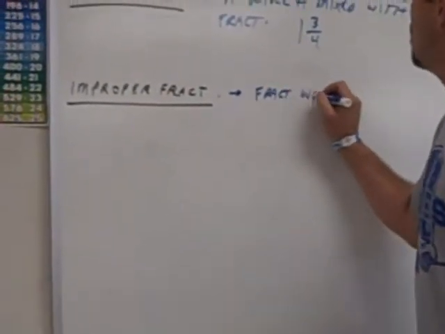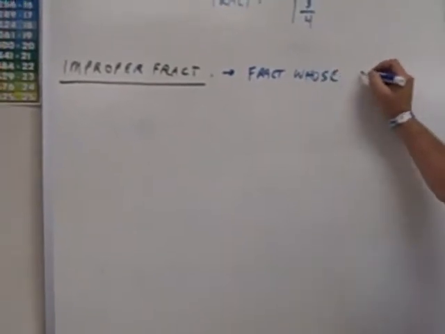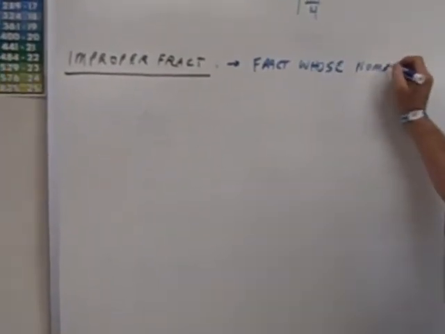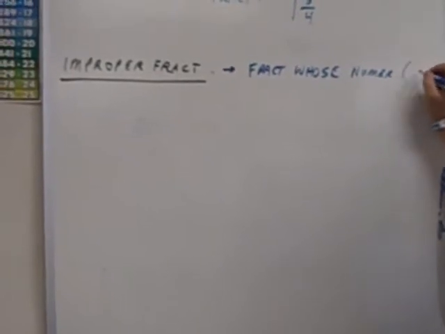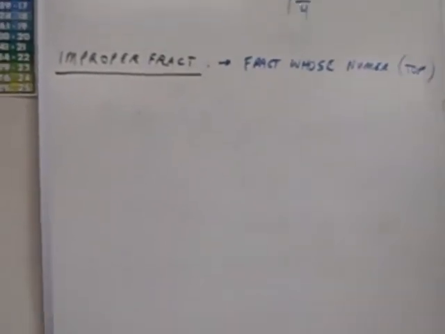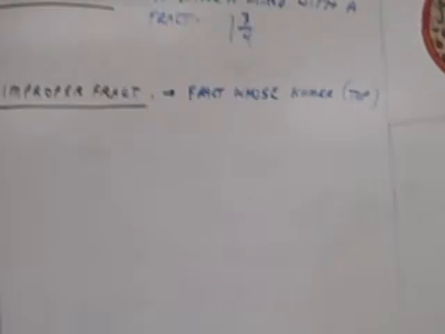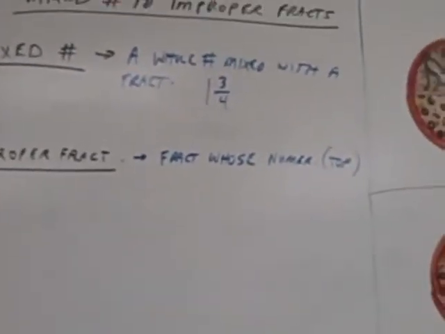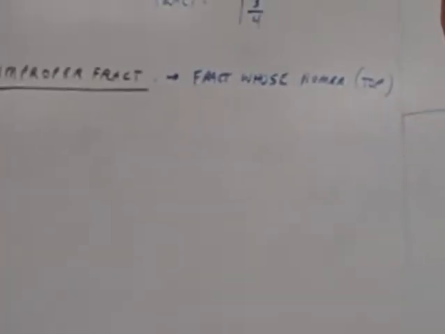So now we know improper fraction: fract whose numer, sometimes called the top. Now, that's not number, is it? That's abbreviation for numerator.